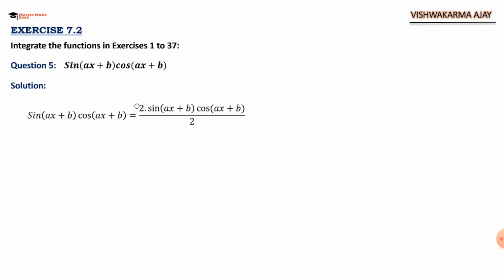What I did here, I multiplied my equation with 2 and divided with 2. Now this looks like a formula of sin a cos a, which is equal to sin 2a, 2 sin a cos a.